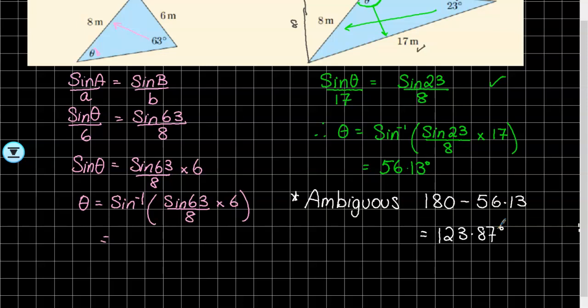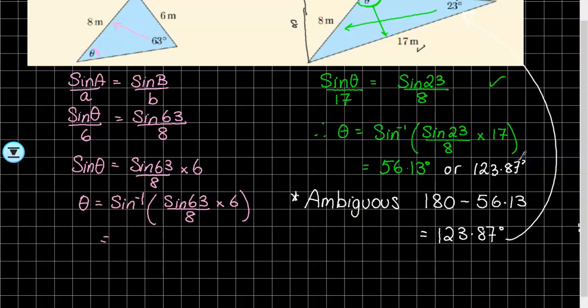So you find an angle using the sine rule. You get an angle, you go 180, take that angle, and now you have to check. 123 plus 23, is that less than 180? Correct. Well, that means we could have two solutions. So it could be 56 or it could be 123.87.